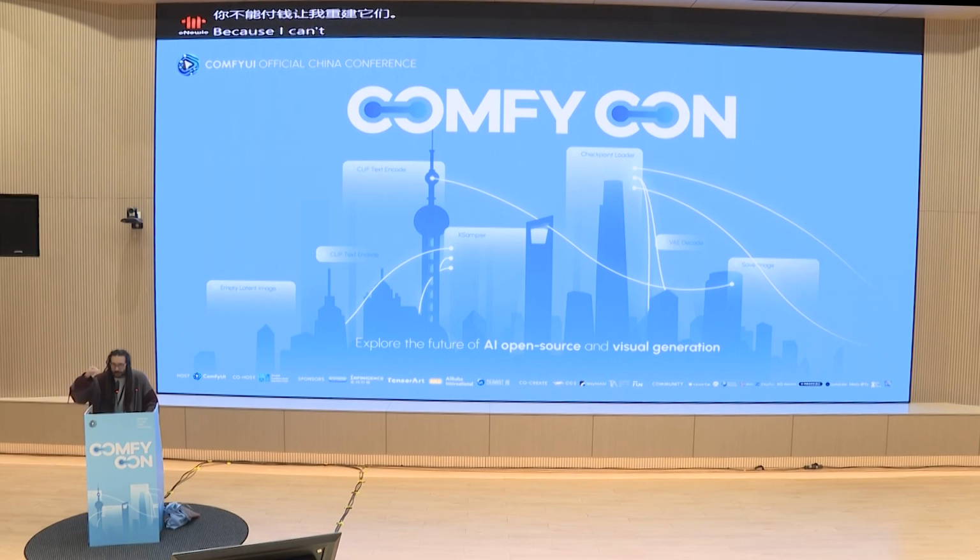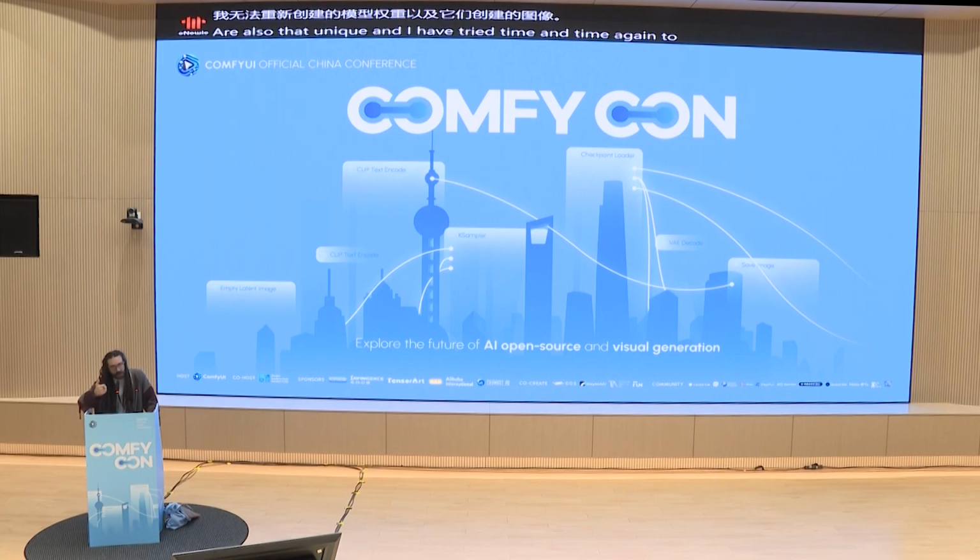They're so far gone down the recursive rabbit hole of making model weights that I couldn't recreate them. And so the images they create are also that unique. I have tried time and time again to get GPT, DALL-E, Flux, every state-of-the-art model that has come out, to reproduce anything in the same vein, and they always just fall short.